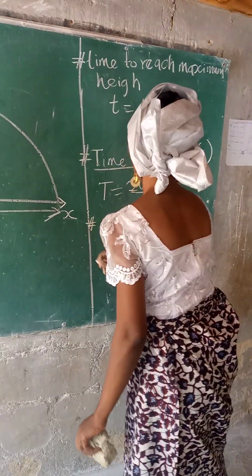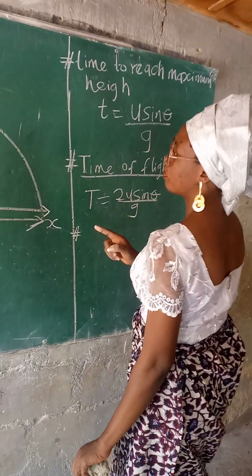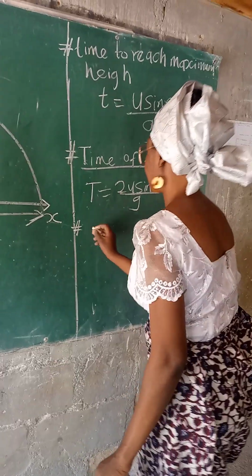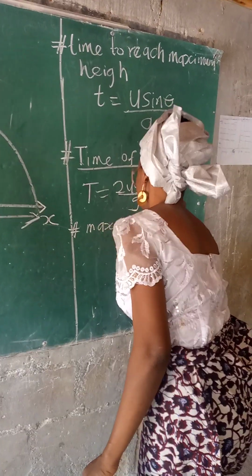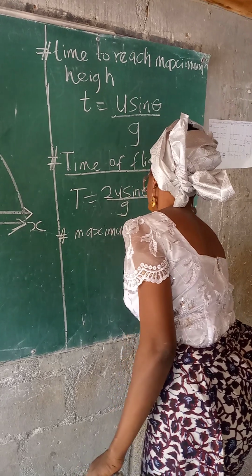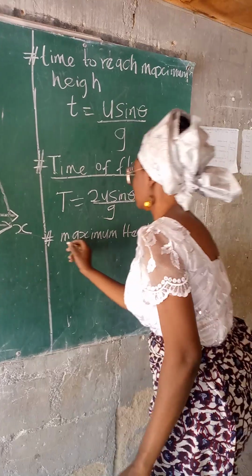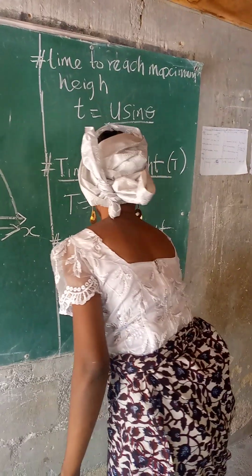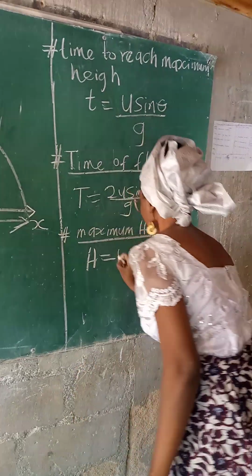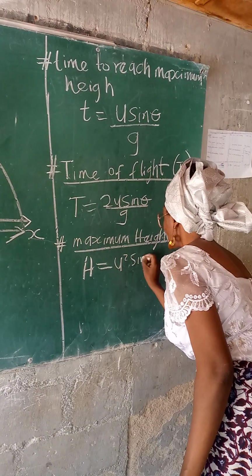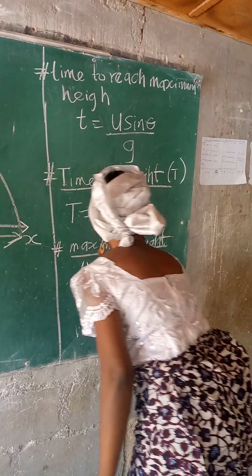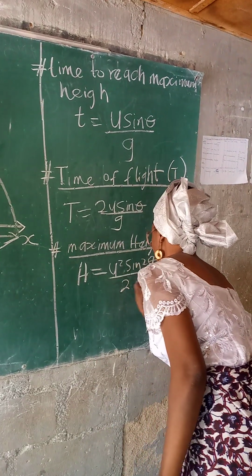Then we have maximum height, the highest vertical distance. Capital letter H is simply U squared sine squared theta all over 2g.